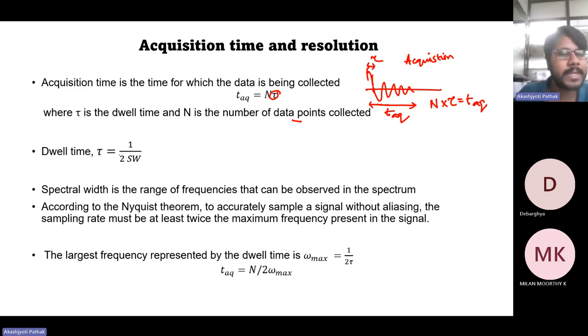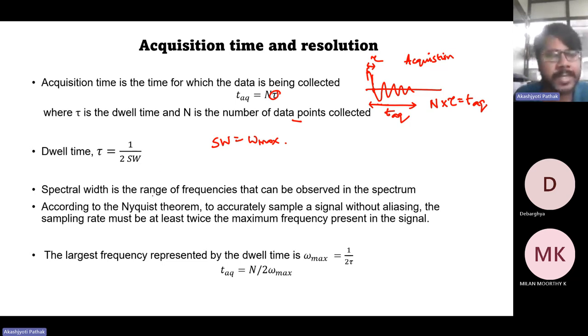Now dwell time is equal to 1 by 2 times the spectral width. This concept was discussed. The dwell time is inversely proportional to the spectral width. And what is spectral width? Spectral width is the maximum frequency that is represented in the spectra.